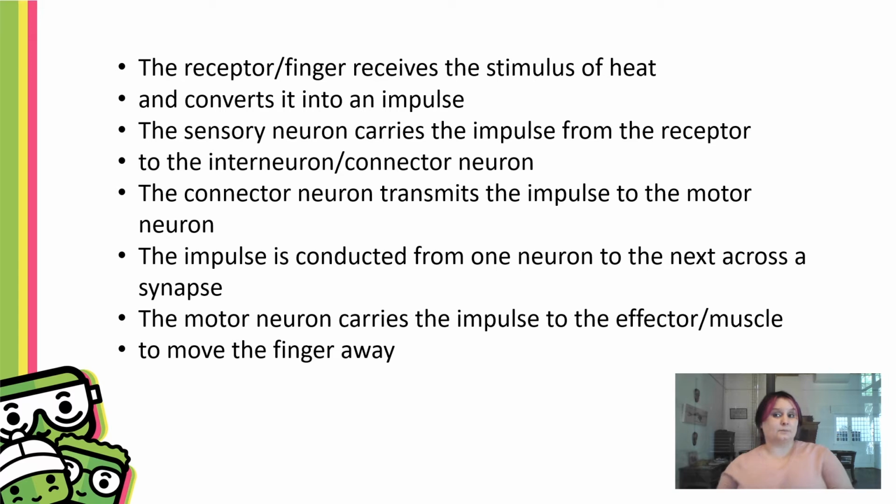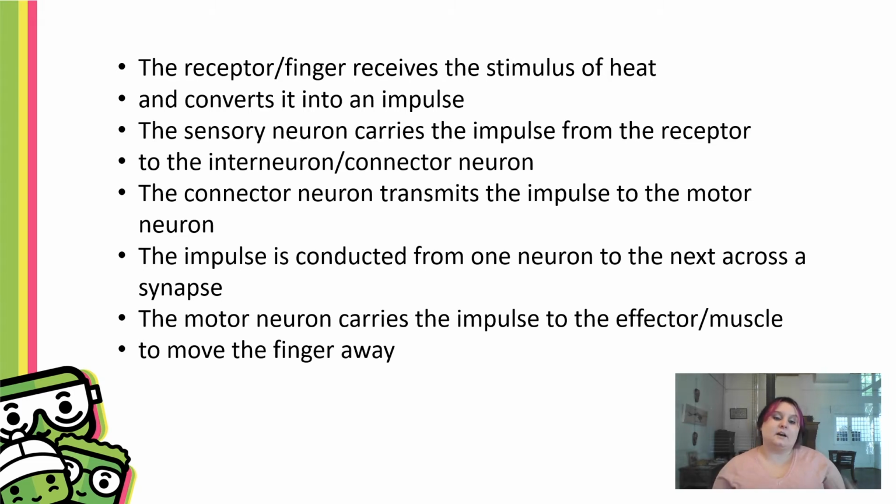So the stimulus would be the thorn. So we can take this answer and modify it to fit any situation. So anytime you're asked to explain the reflex action, you can use this as a sort of basis for your explanation and modify it to the particular example that you have been given in the question.